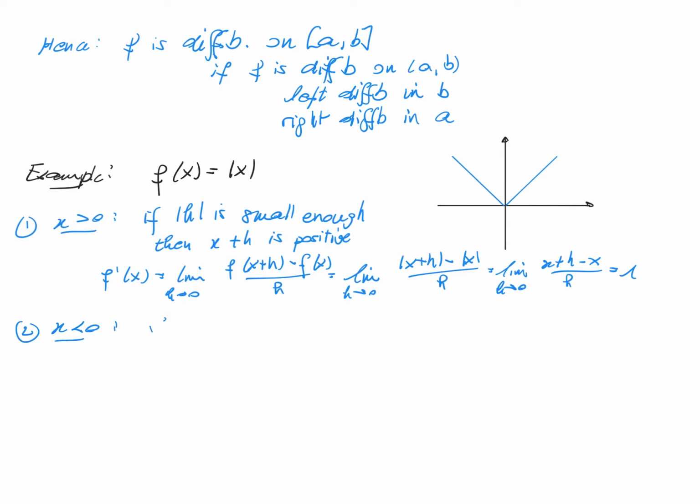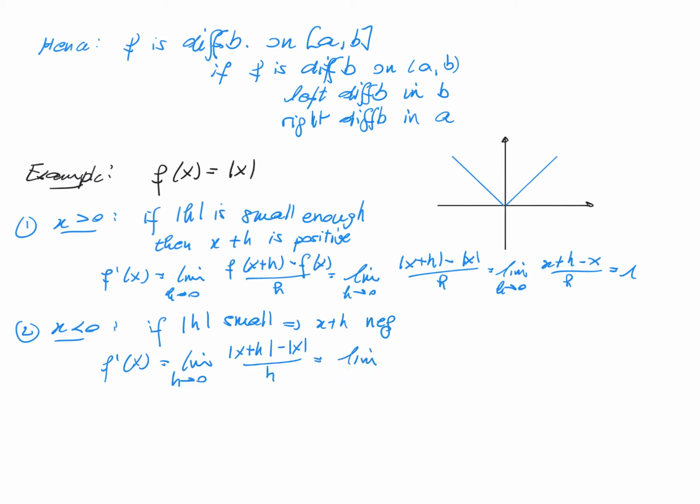If x is negative, so strictly negative, we make the same reasoning. So if my absolute value of h is small, then x plus h will also be negative. And so f prime of x is the same thing, the limit of the absolute value of x plus h minus the absolute value of x over h for h going to 0. But now we know that these are negative, so h to 0.